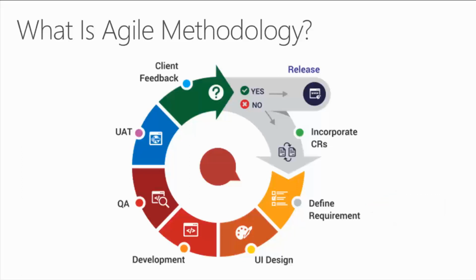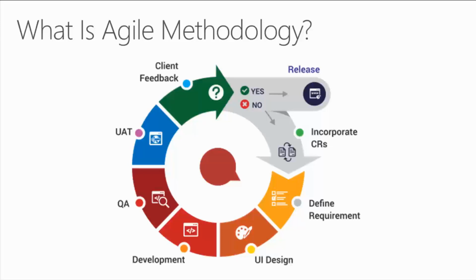In other words, we start off by defining the requirements of the software that we want to build. Then we get into the user interface design, also known as the UI design. Once that's laid out, then the development of the actual software or app begins. Once the development is completed, we get into the QA phase, which is known as the quality assurance or QA testing.